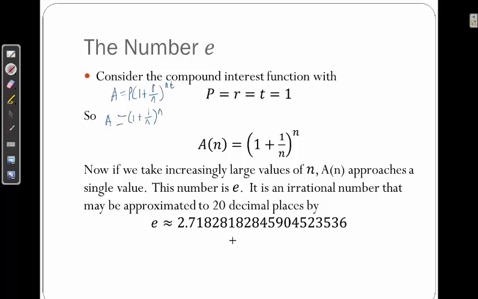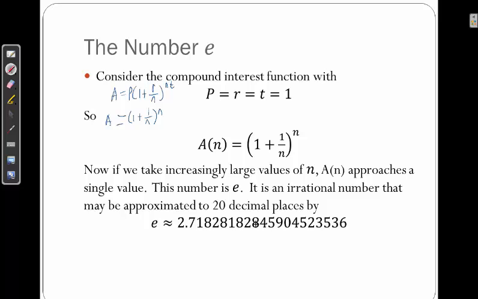But what will happen is more and more decimal places will stay the same. Like the first one you do, when you do 1, you get just 2. But soon enough, every single value you get will have a 7 as your first decimal place. Then every single value you get will have a 7-1, then a 7-1-8, then a 7-1-8-2.